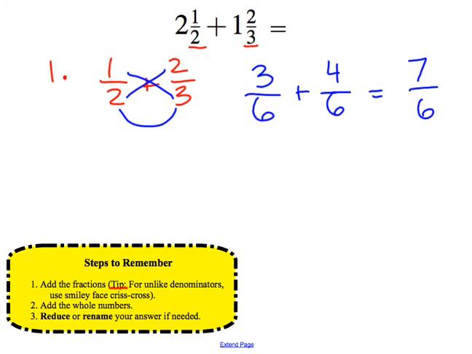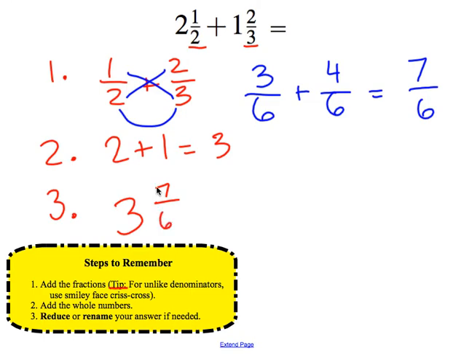Step 2, we are going to add our whole numbers. So 2 plus 1 is 3. And in step 3, we know we put our whole number and our fraction back together. So we have 3 7/6. Again, we notice there's something funny going on here. We have an improper fraction. So we're going to take that 7/6 and change it back into a mixed number.